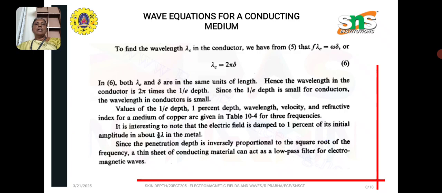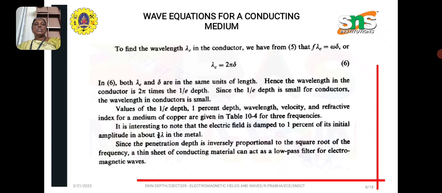Hence the wavelength in the conductor is 2 pi times the 1 by e depth, and the values of 1 by e depth, that is 1% depth, wavelength, velocity and refractive index for a medium of copper are given in the table for 3 frequencies. And the penetration depth is always inversely proportional to the square root of the frequency.